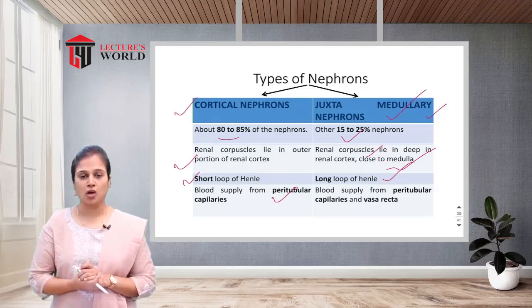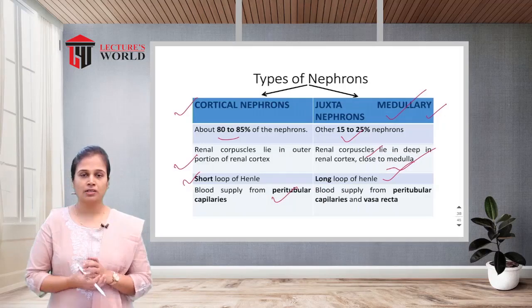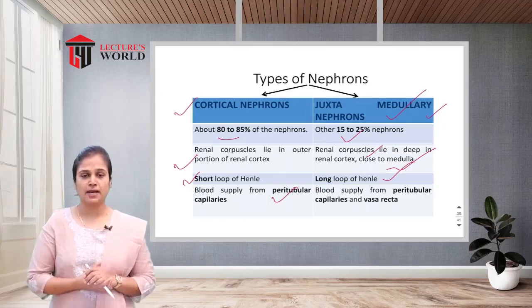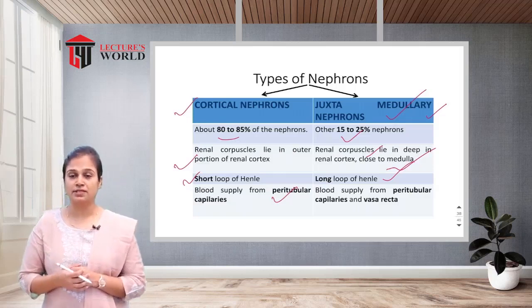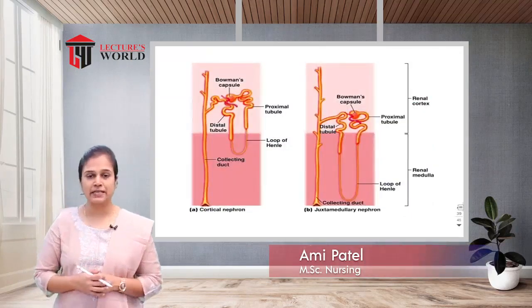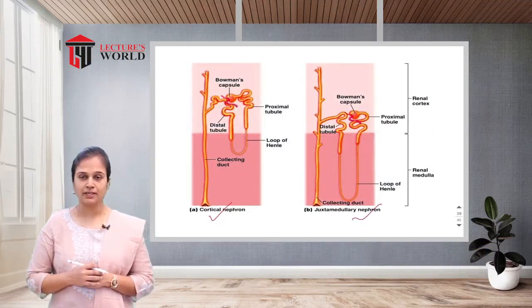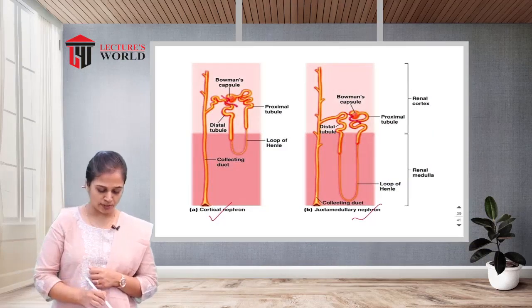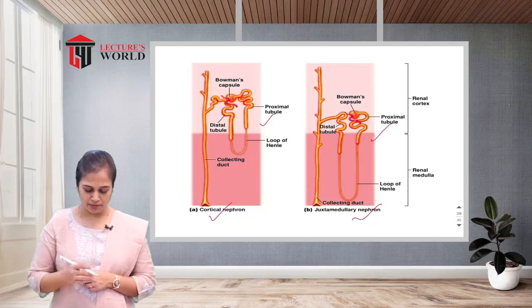Cortical nephrons have a short loop of Henle, whereas juxtamedullary nephrons have a long loop of Henle. Cortical nephrons receive blood from the peritubular capillaries, whereas juxtamedullary nephrons receive blood from the peritubular capillaries and the vasa recta. You can see in the image, these are the cortical nephrons and these are the juxtamedullary nephrons. Most of the cortical nephron lies in the renal cortex, and the juxtamedullary nephron lies near the medulla of the kidney.